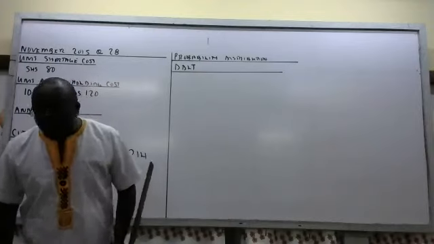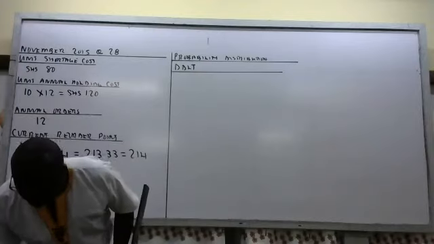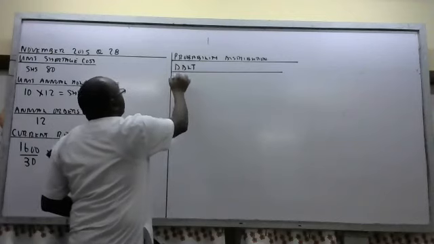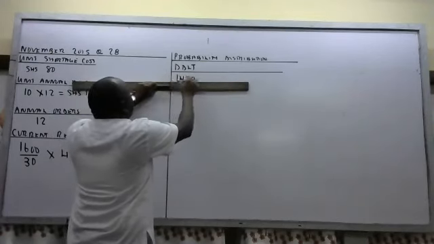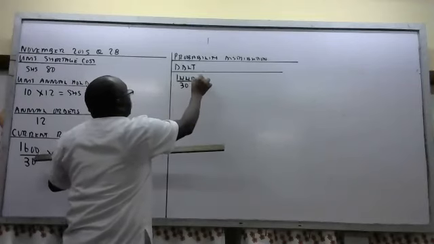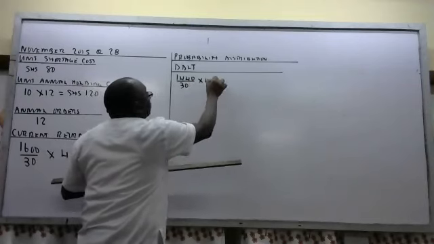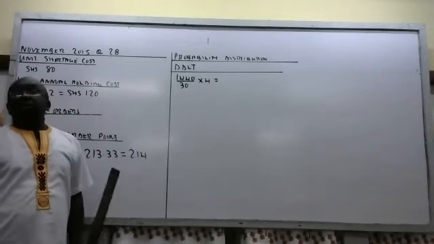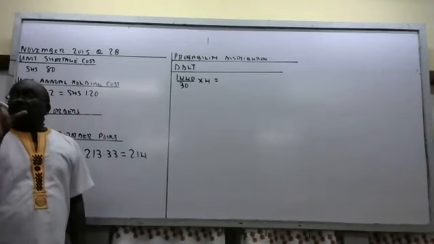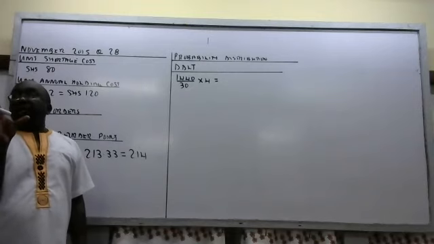So you are supposed to take those demands, like the first one, 1440. You first of all divide it by 30 days. Then you multiply by 4, so that you get to know demand during those 4 days. That is what we want.